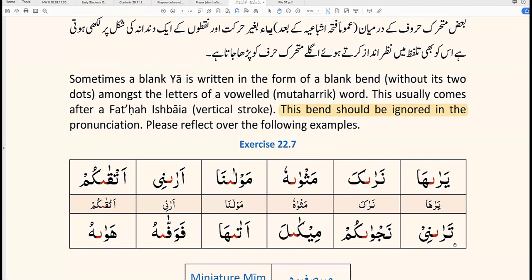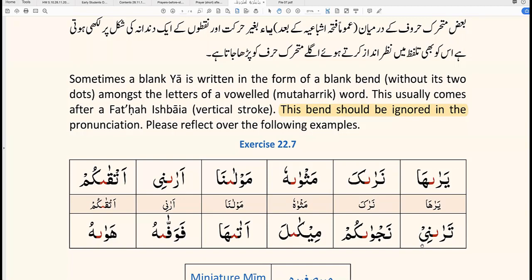Okay then, sweetheart. So let's read here, okay? Ta. Ra. What do we do here? You ignore it. Well done. This is a noon with a kasra. Straight afterwards is a ya with a sukoon. What is this ya also known as?